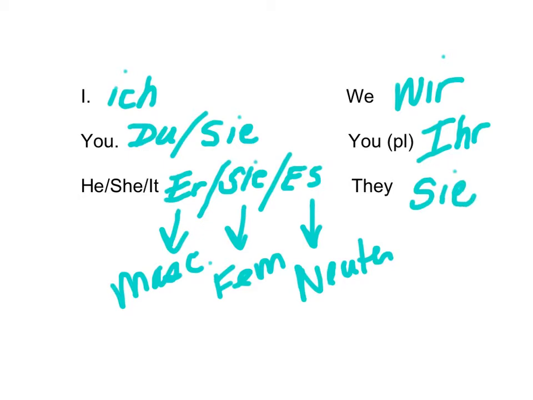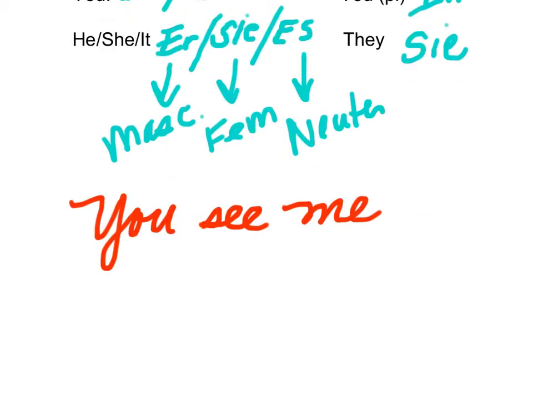Now let's talk about how these change depending on where they are in the sentence. Because when we say I as a subject, we say I, right? But if I say you see me, I don't say you see I. Because it's further in the sentence and it becomes a direct object, instead of I say me. All right, so I went ahead and added that so we can take a look at it.